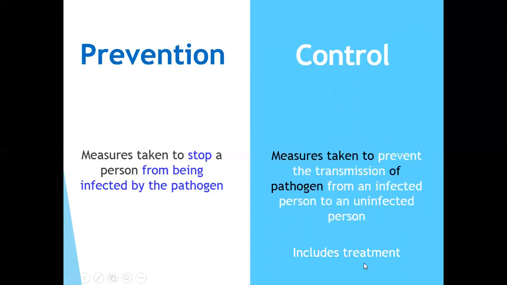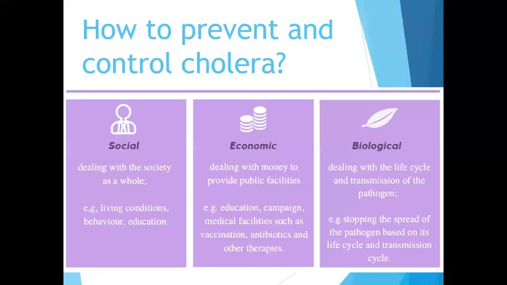So we treat the person who is infected so that the bacteria or virus is no longer in the body. So therefore, this person will not be able to pass this pathogen to another person. Right? We control this person from passing it to another person. Okay. So control is focused on the person who is infected. Prevention is focused on the person that's uninfected.